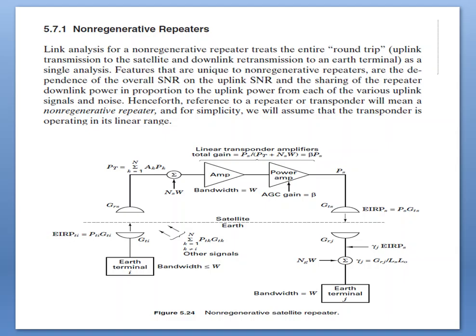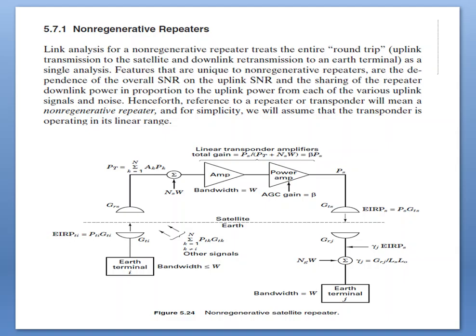At the satellite, the total power sigma AK into PK is received, where AK reflects the uplink propagation loss and the satellite receiving antenna gain for each terminal. NSW is the satellite uplink noise power, where NS is the composite noise power spectral density due to the noise radiated into the satellite antenna and generated in the satellite receiver.